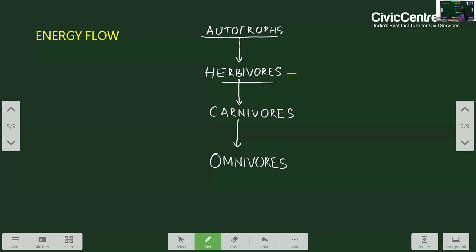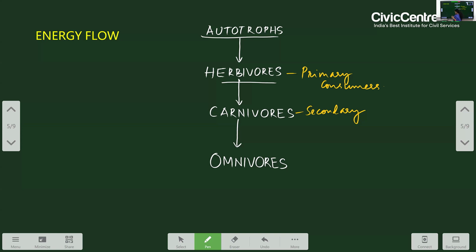Herbivores are also known as primary consumers, and they consume plants for their survival. And carnivores are the secondary consumers, which survive by feeding on herbivorous animals. And omnivores consume herbivores, carnivores, and autotrophs for their survival.